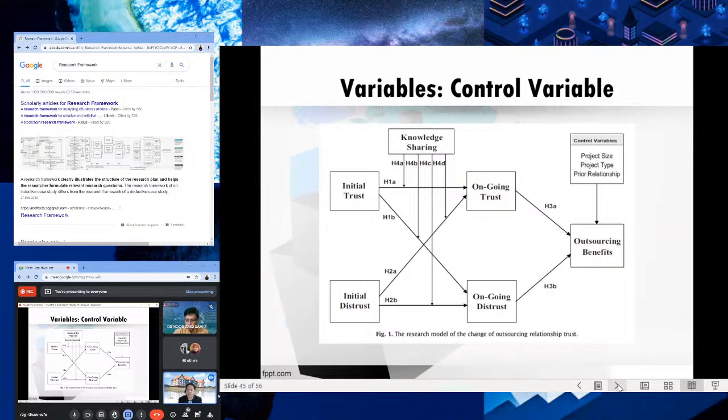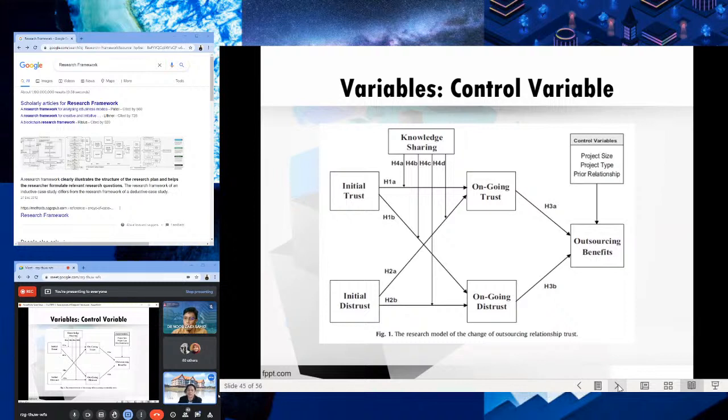Okay, how are we going to apply this control variable? From this example, we can see that we can use a control variable. Maybe at the beginning of our scope, we did not realize this variable, but when we go further into the literature and so on, we identify something that is also important.